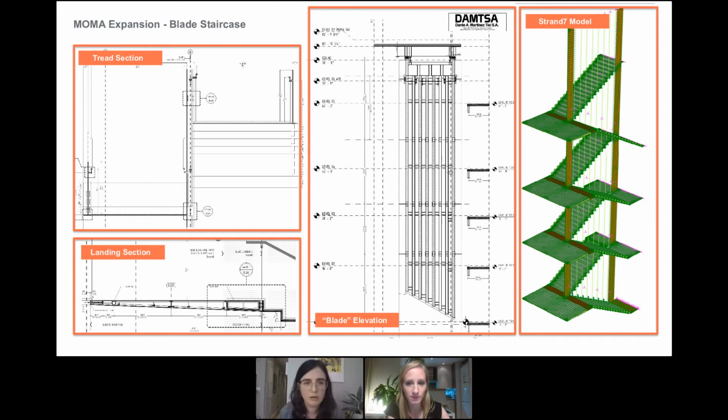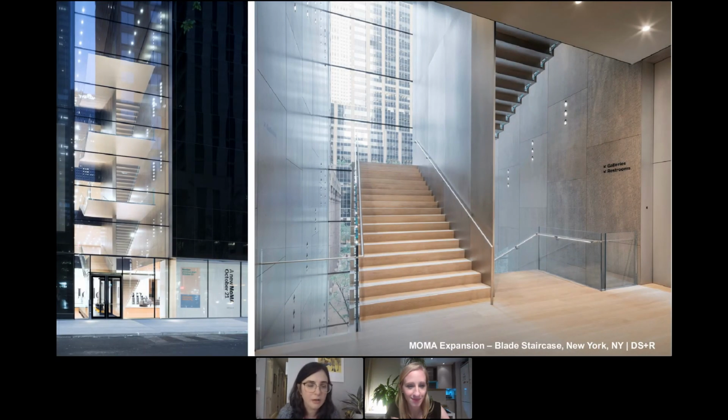There are landings at each floor that have some lateral stability in them, and I think those do play a decent role. But it is just the blade itself, and then the landings connecting to the stair, and that's it. You can see it here, from the outside, which is where it's the most impressive, I think. There's nothing on the sides. It's all just a blade and then the landings.